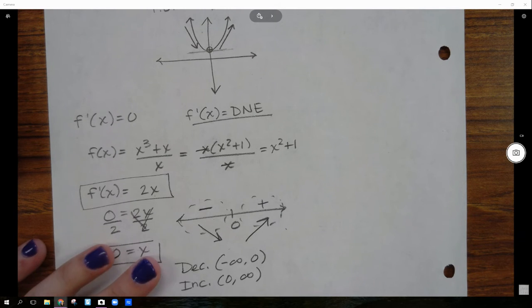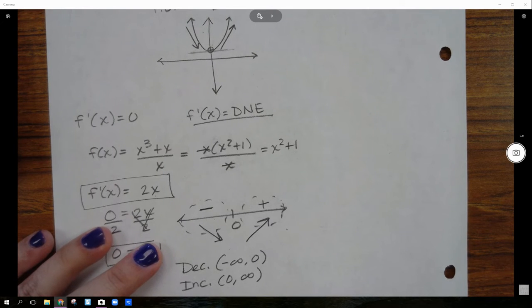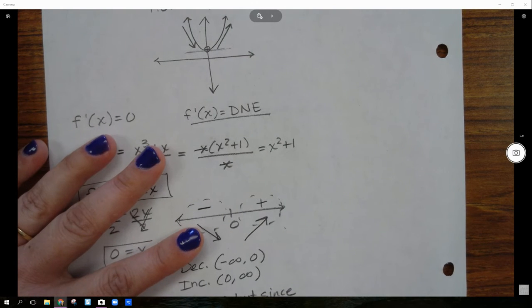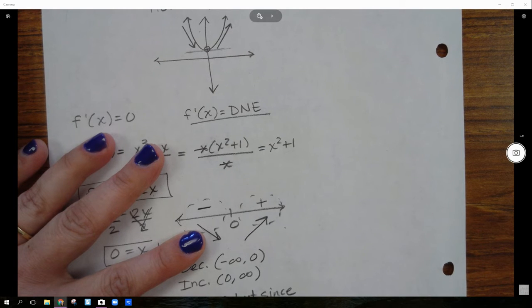You have a relative extremum at x equals 0, but since x equals 0 is not in the domain, no relative extrema exist.